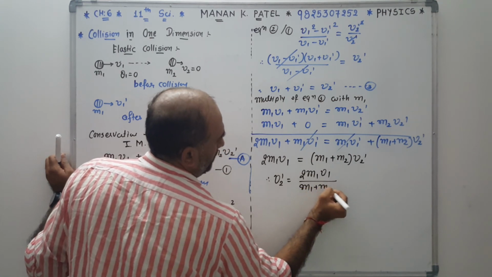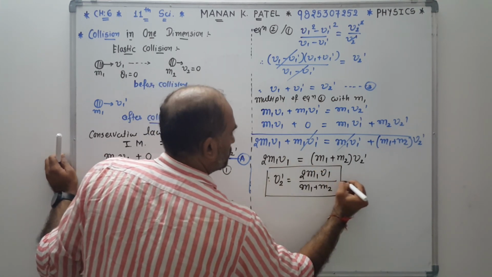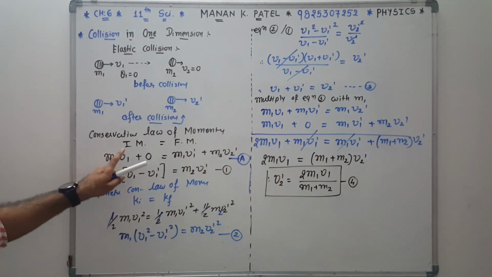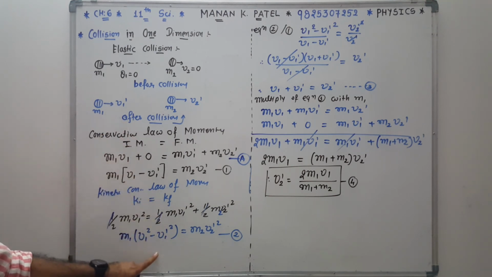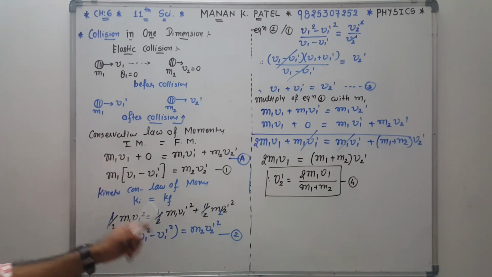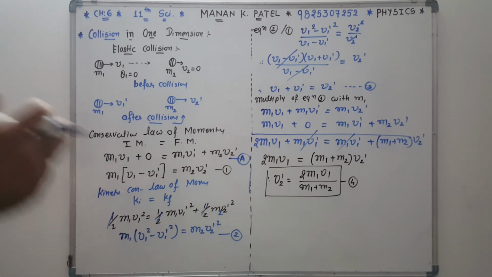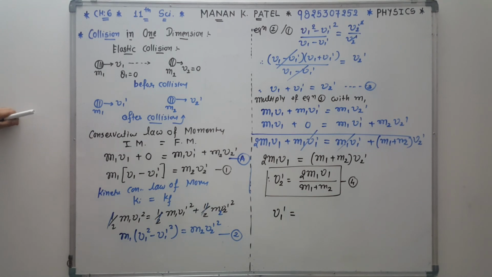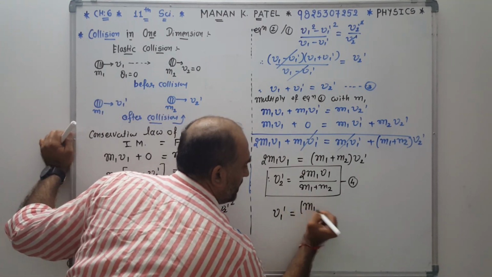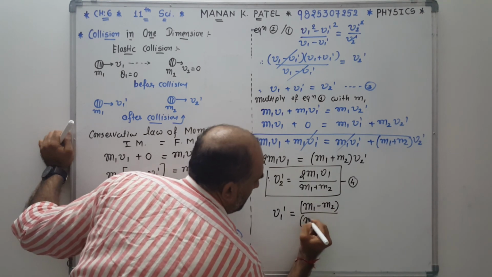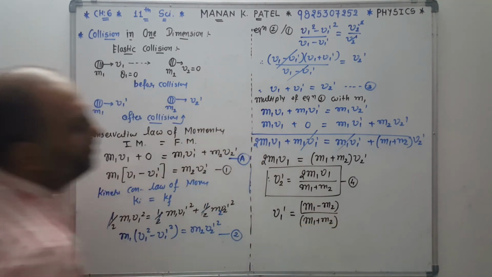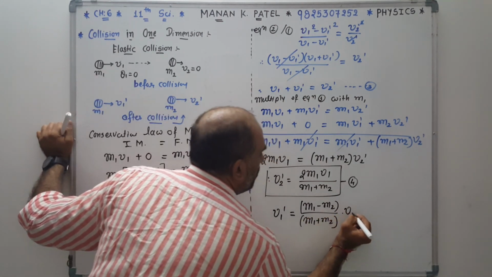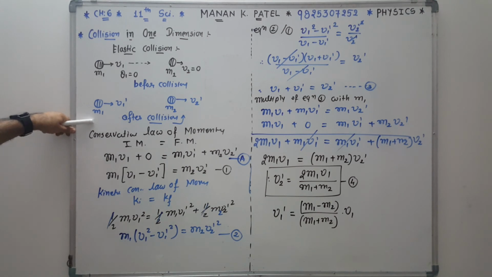So v2 dash equals 2 m1 v1 by m1 plus m2. You can also take this value of v2 dash, put it in equation A or B, either of the two equations, and find v1 dash also. v1 dash is equal to (m1 minus m2) by (m1 plus m2) into v1.